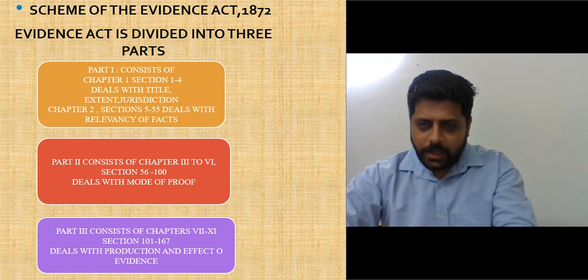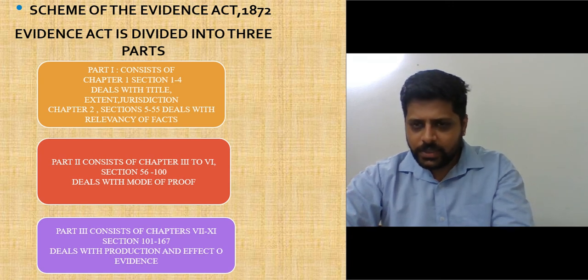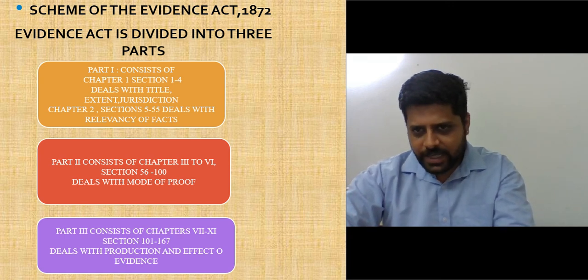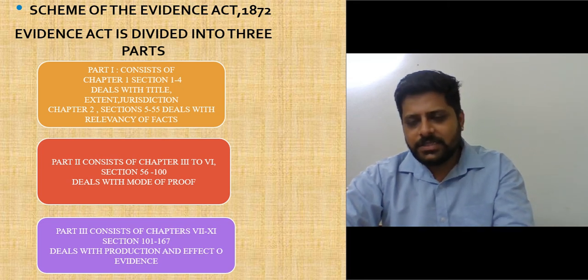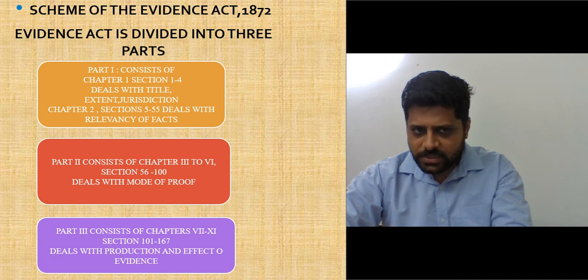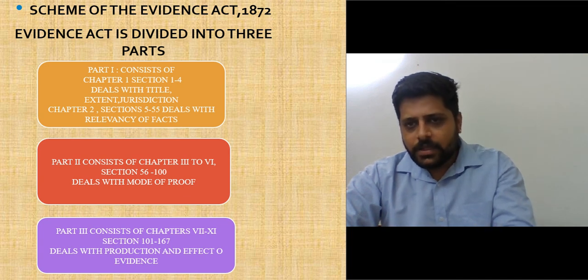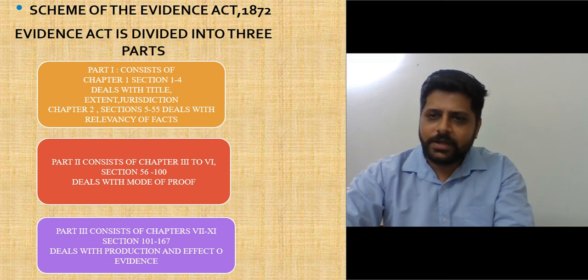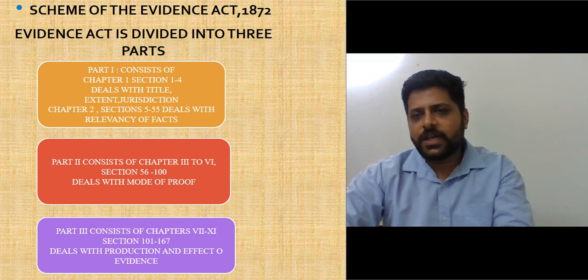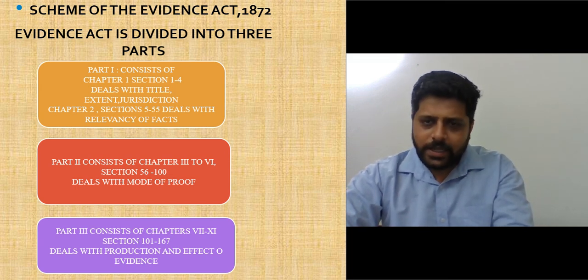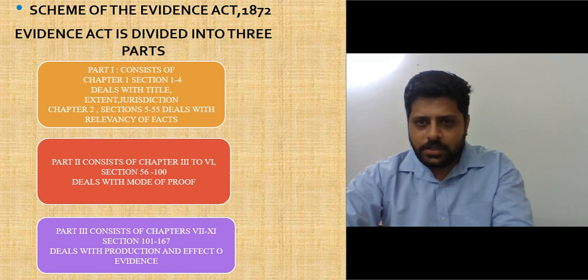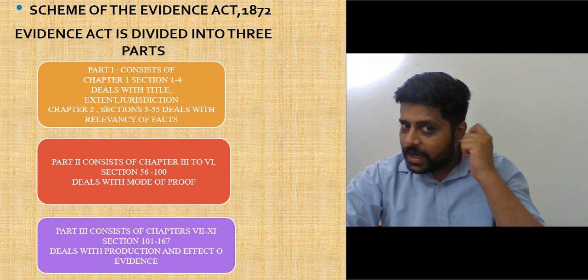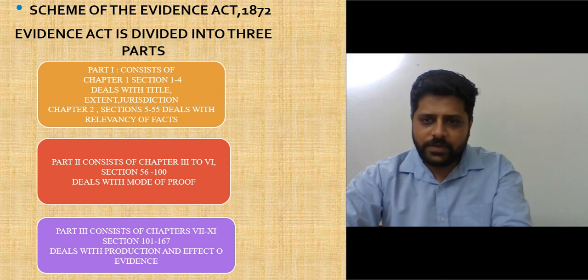So there are three parts in the Evidence Act and 167 sections in total. The first part consists of the relevancy of facts, the second consists of the mode of proof, and the third deals with the production and effect of evidence. I hope now you have got the idea about the history of the Evidence Act and the scheme of the Evidence Act.